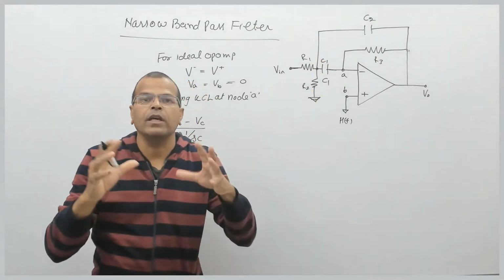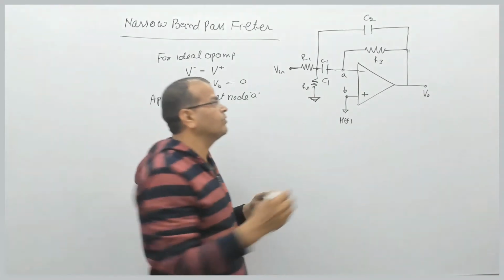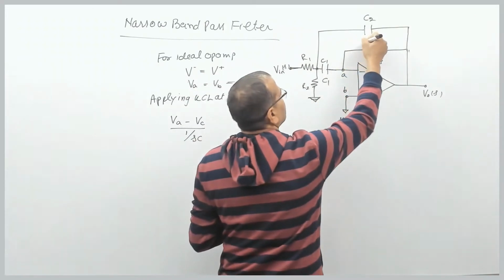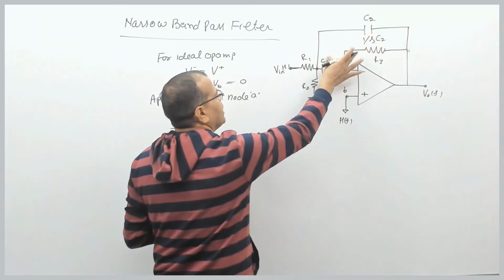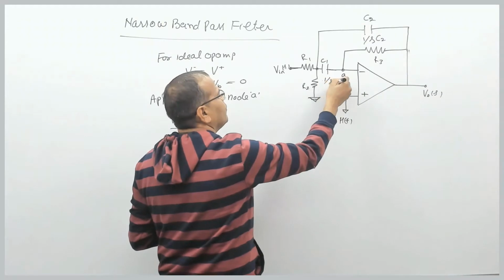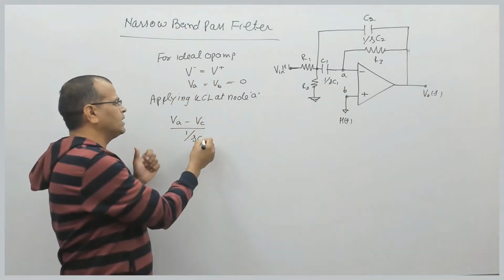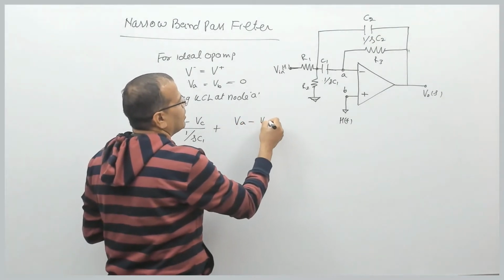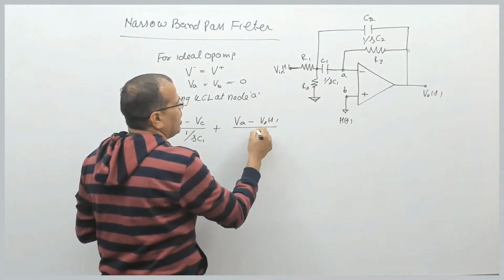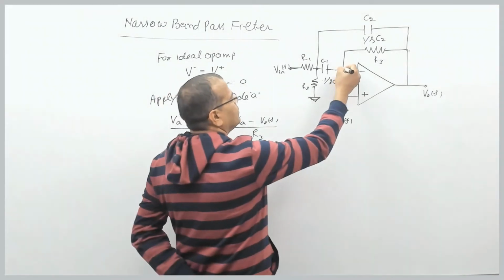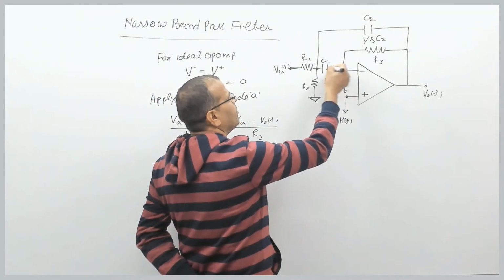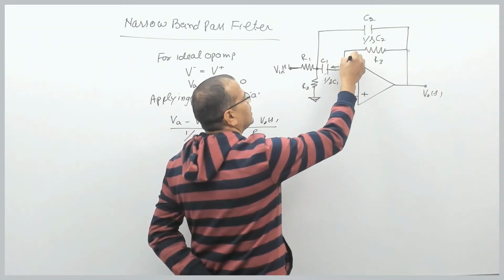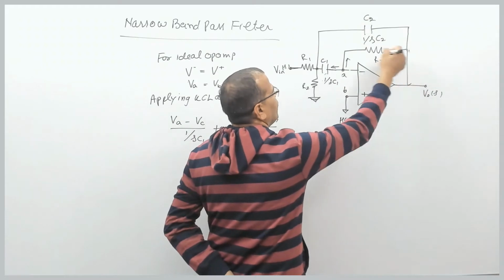We will be taking the S domain to find the transfer function, so the impedance of this will be 1/(SC2) and the impedance of this will be 1/(SC1), plus (VA − V0(S)) divided by R3. There are two currents outgoing from this. One is this way, (VA − VC) divided by this impedance, and another is this way, (VA − this voltage) divided by R3.